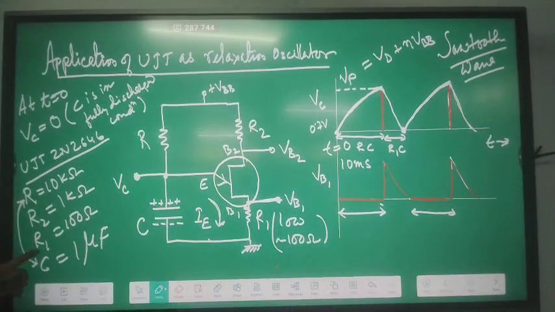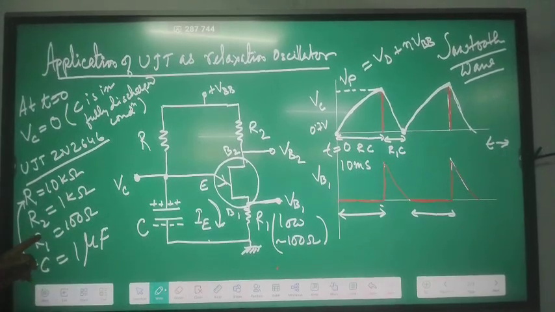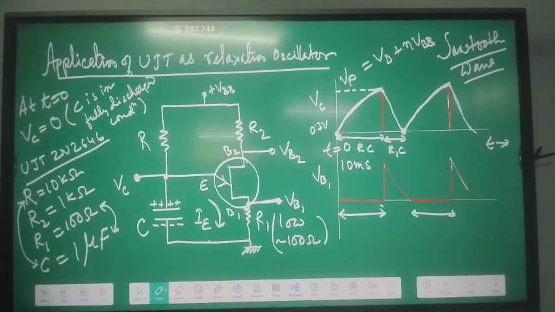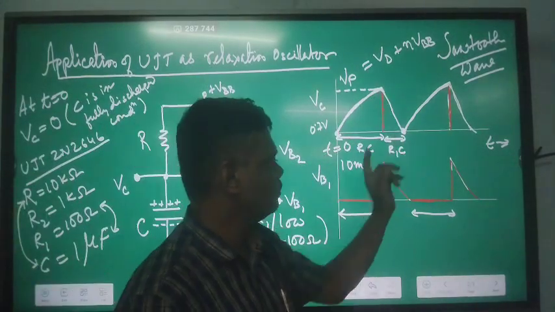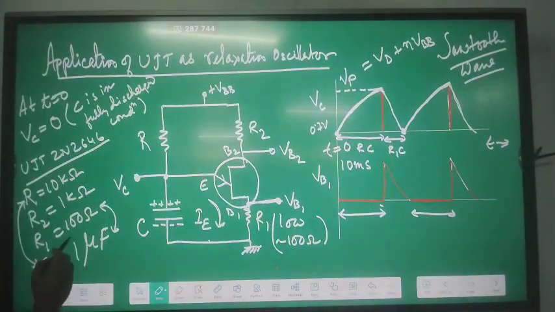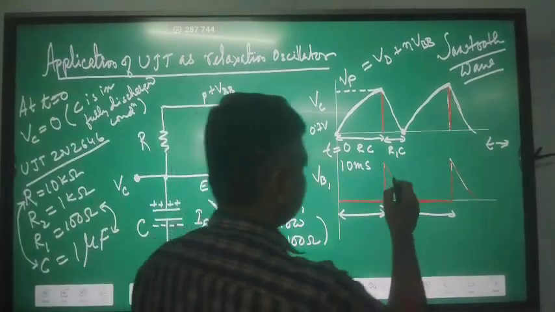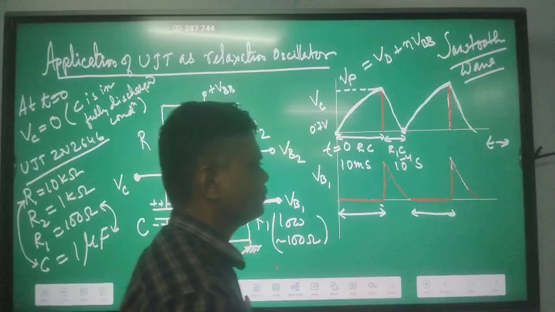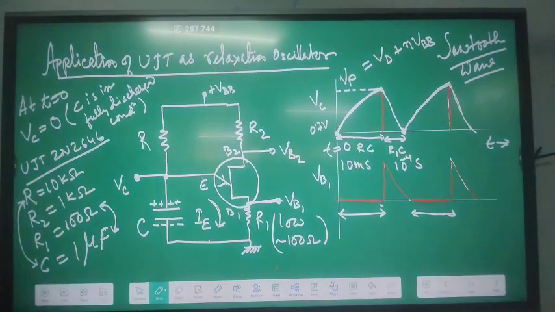On the other hand, if you multiply R1 and C, which is the time constant during the discharge time, that will be equal to 100 into 1 microfarad, so that will be 10 to the power minus 4 second. That means 0.1 millisecond.